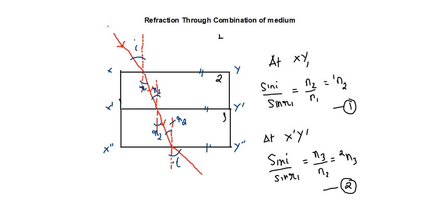Let me write the last one. Now for the next one, at X double prime Y double prime, we can write sin r2 by sin i equals, it is going from 3 to 1.